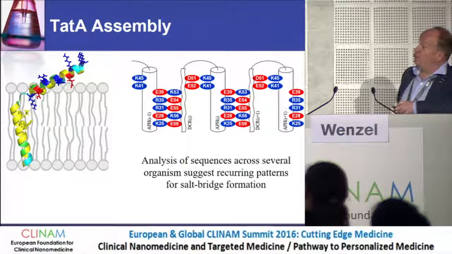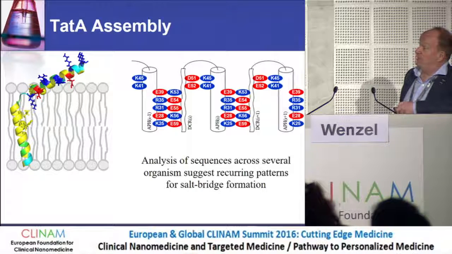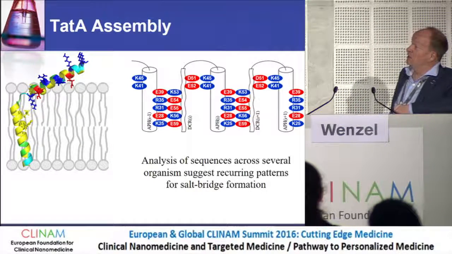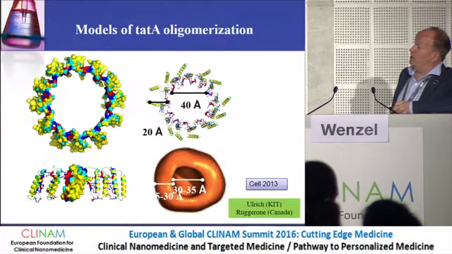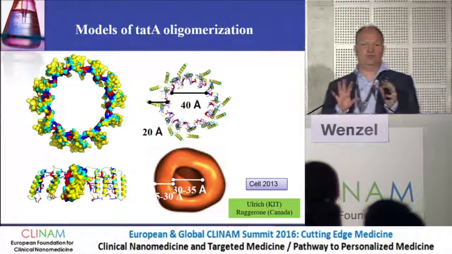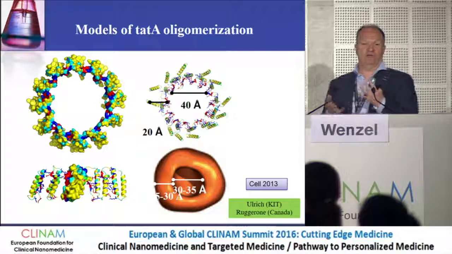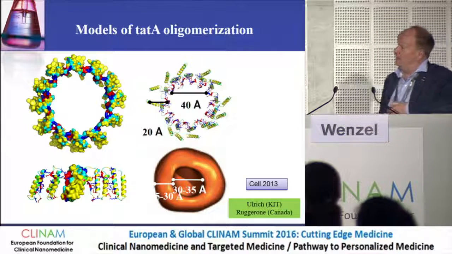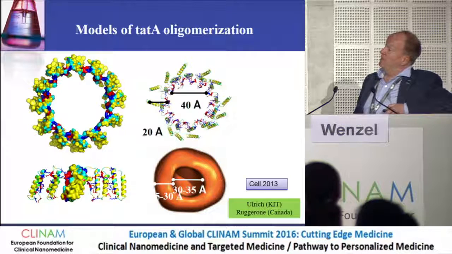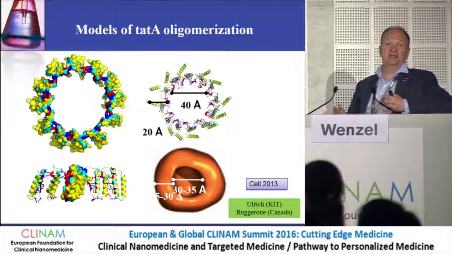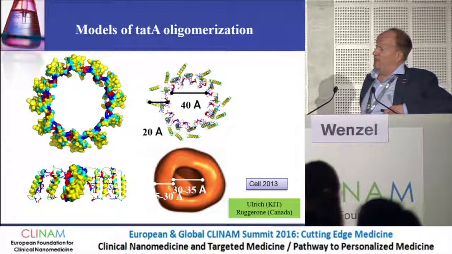Right? So what we could do is make a model of these peptides. In this case, we assumed that the hydrophobic helix would stay hydrophobic. The rest of it we kept pretty much free, right? And then we did simulations where we could, in the membrane, assemble complexes of different sizes that would try to match the constraints that we dreamt up on the basis of these salt bridges.